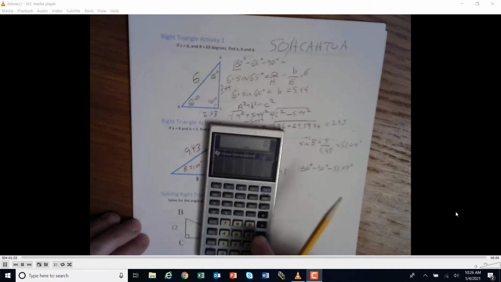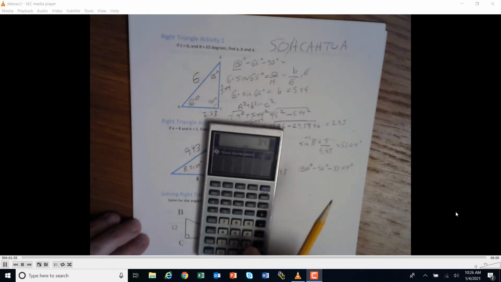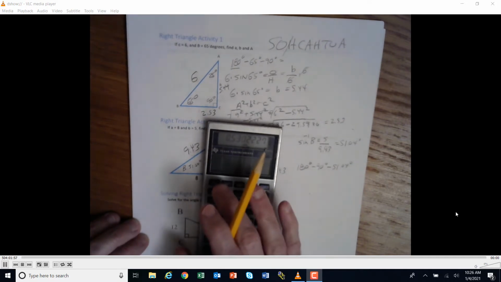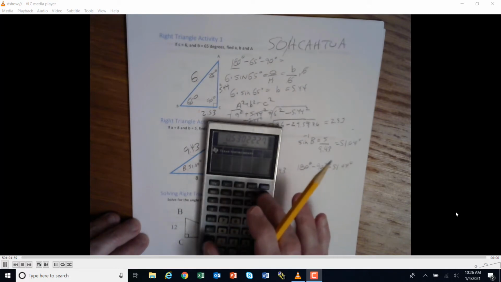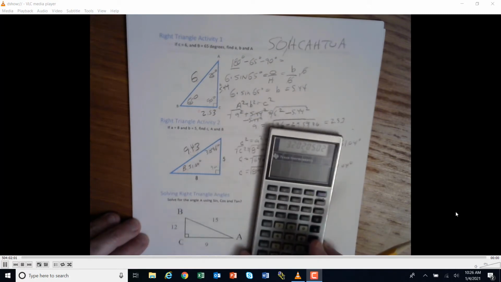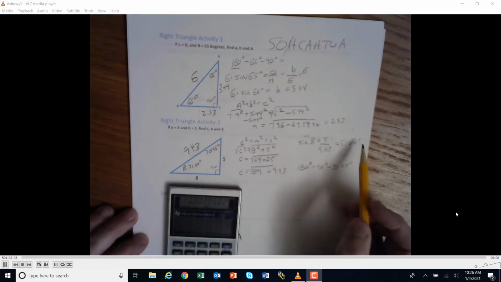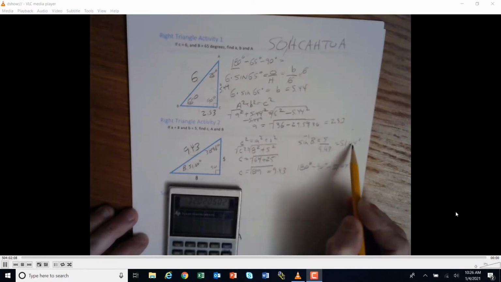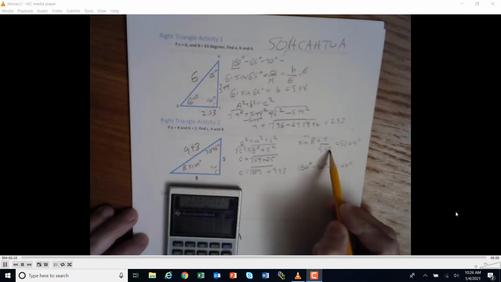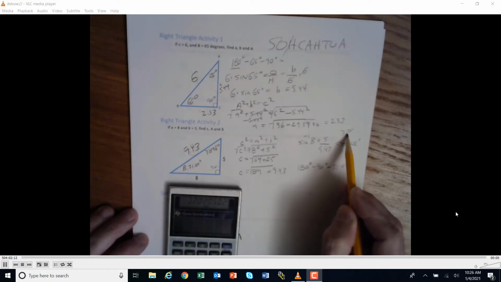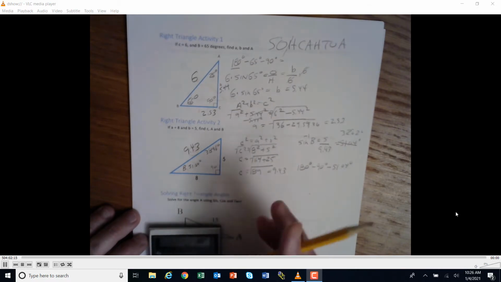Let's just check that again. Inverse sine... haha, I made a mistake here. Sorry. Inverse sine of 5 over 9.43 is 32.02 degrees. My bad. Okay.